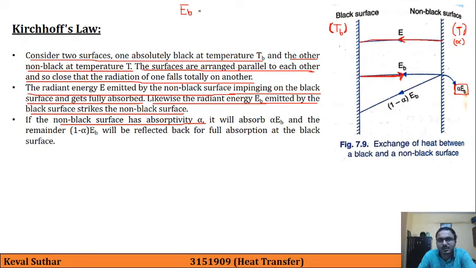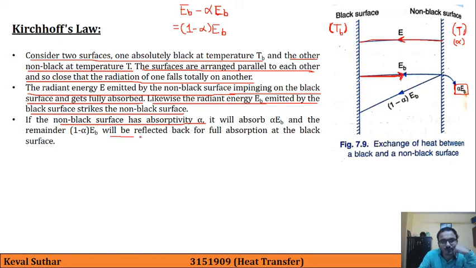Out of this, alpha EB was absorbed, so this is the remaining portion which is being returned. That's why the final one is 1 minus alpha into EB.